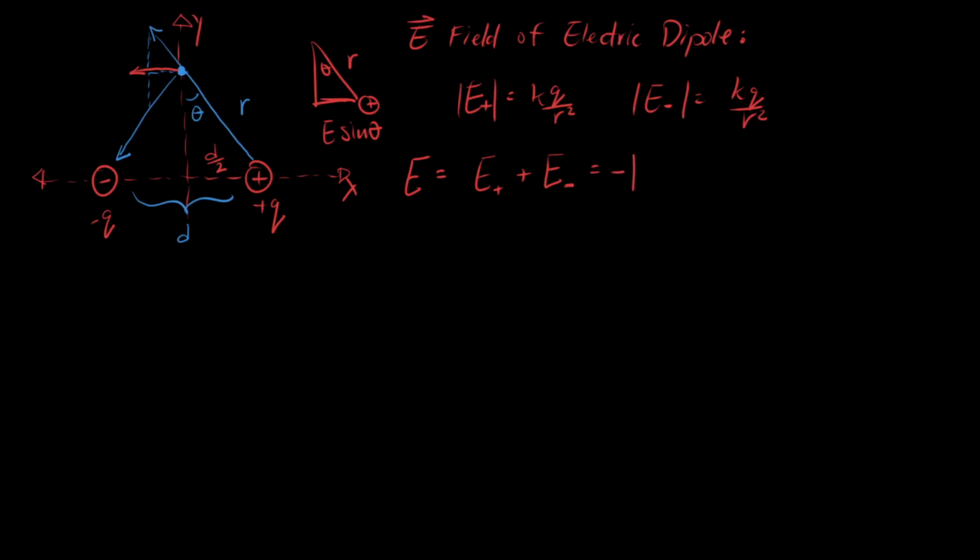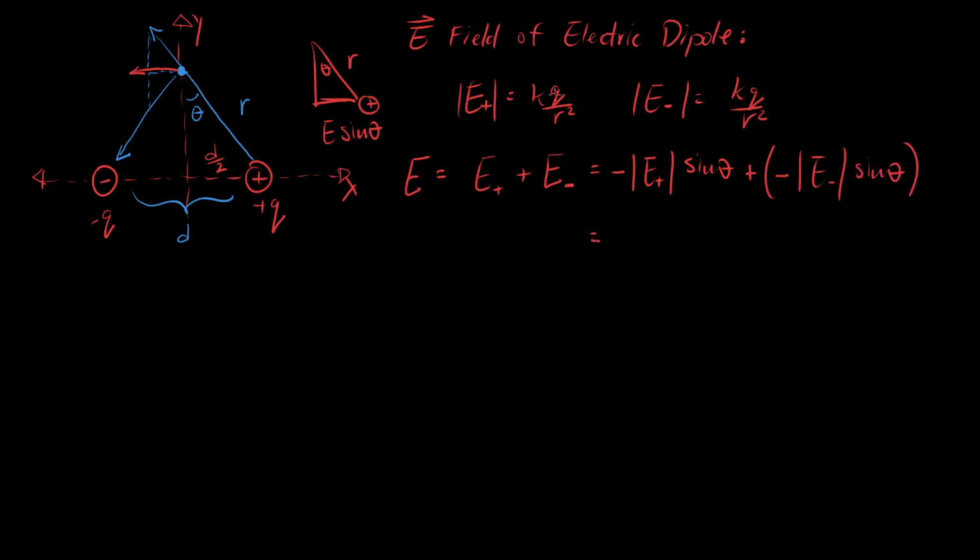So negative the magnitude of E sine theta, plus a negative, so due to the negative charge in the negative direction, and the theta is the same thing, magnitude of the negative charge sine theta.